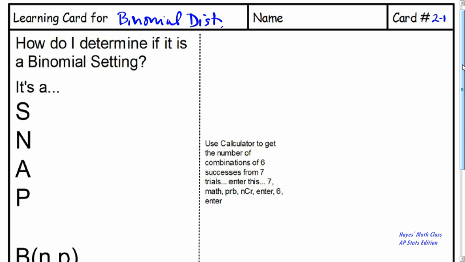If you use the acronym SNAP, that will help. The S stands for success/failure, and you only have two options for each observation.